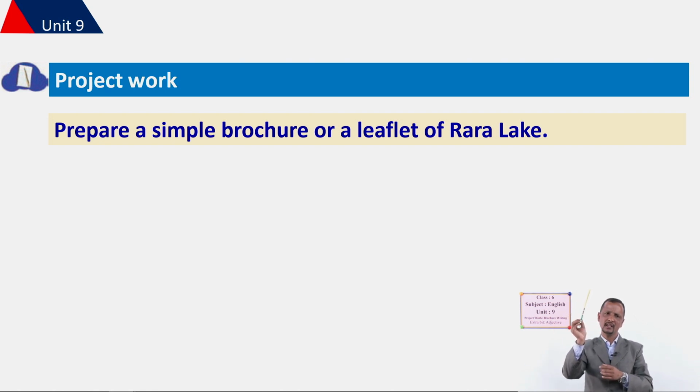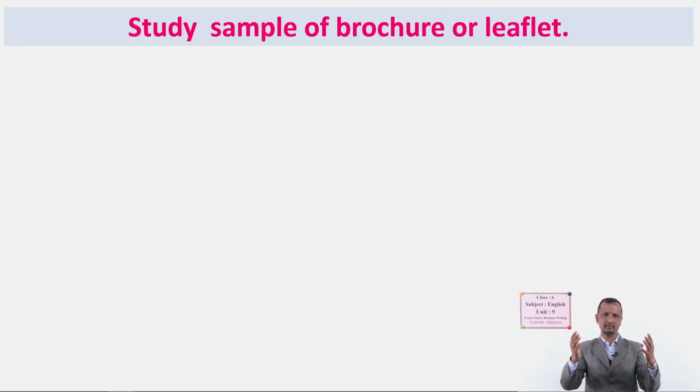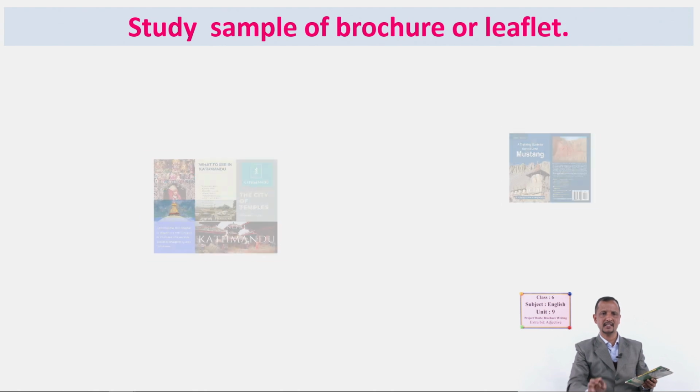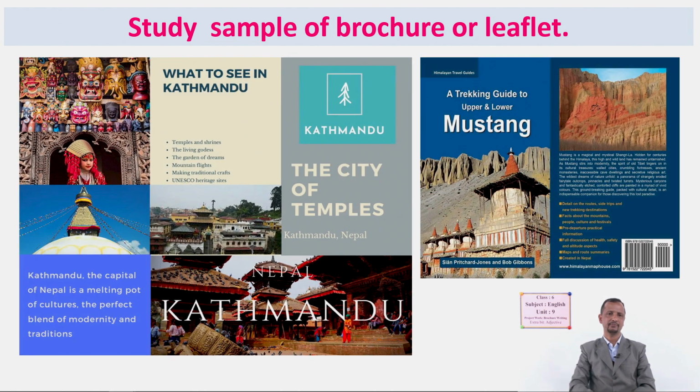Okay, so here, let's start with the sample of a leaflet. You have seen this one and this one, and here also you can see. The sample brochure or leaflet. See over here. What is here? Pictures, again pictures.